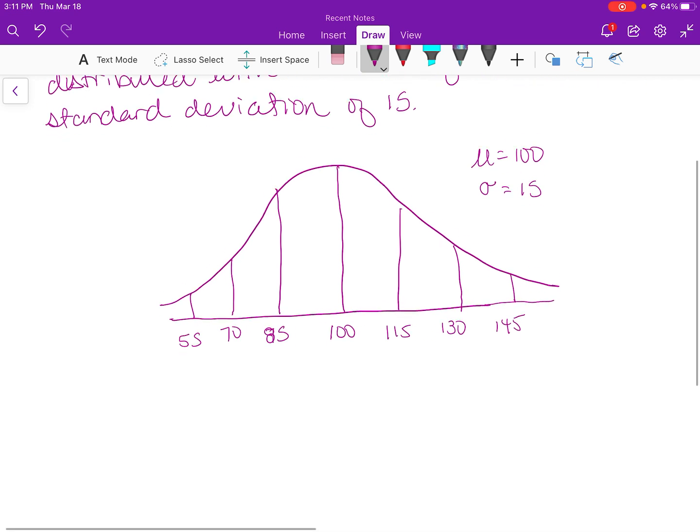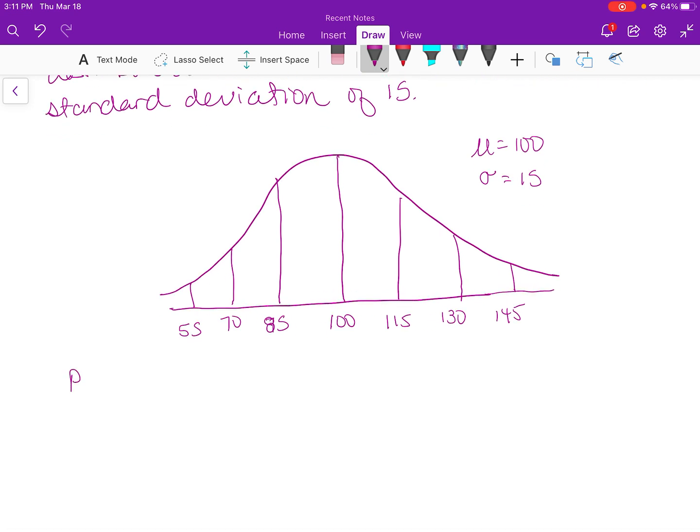So if I wanted to talk about finding the probability that someone had an IQ less than 120, we don't necessarily have a table for every possible mean and every possible standard deviation.